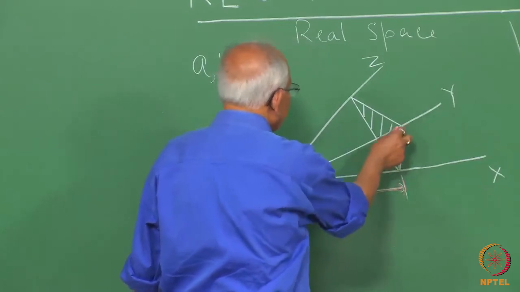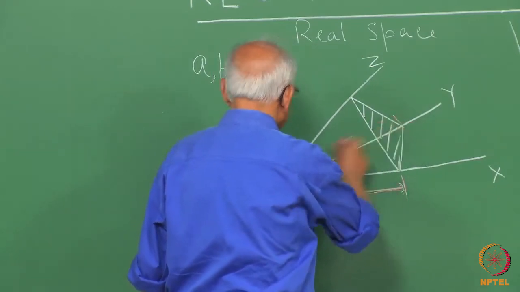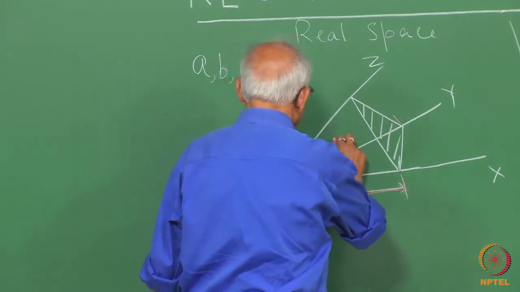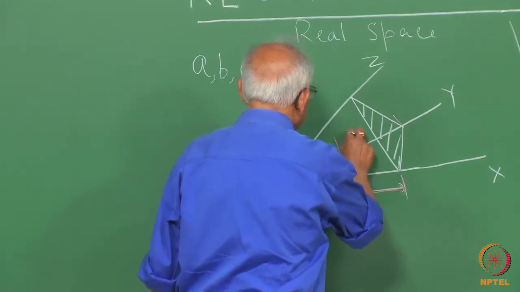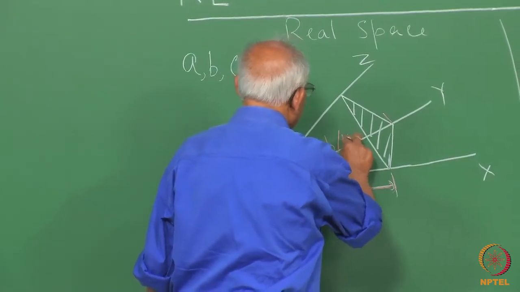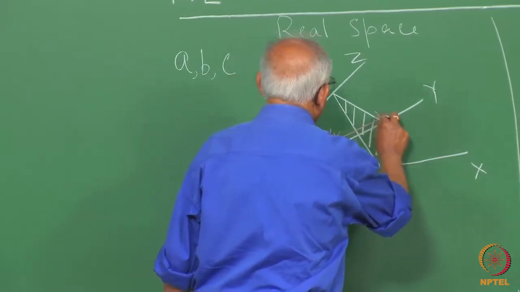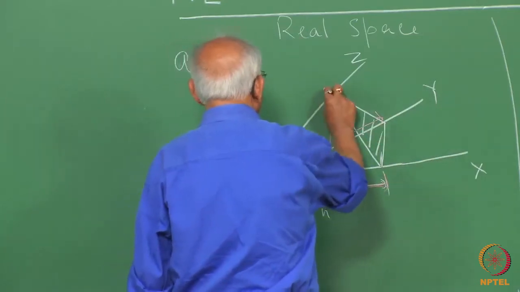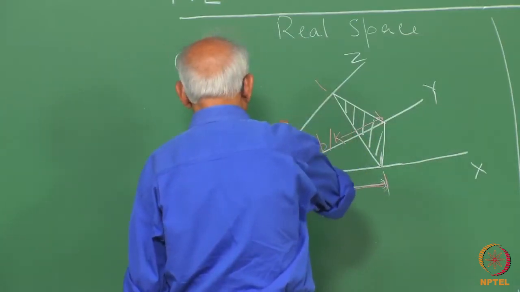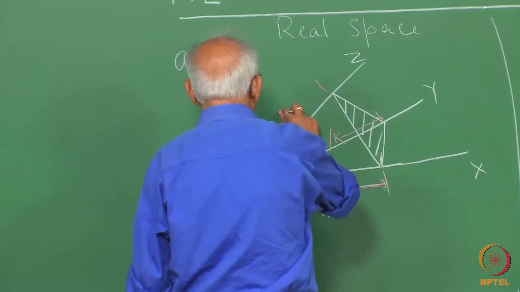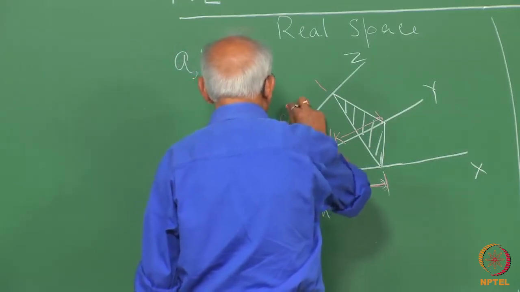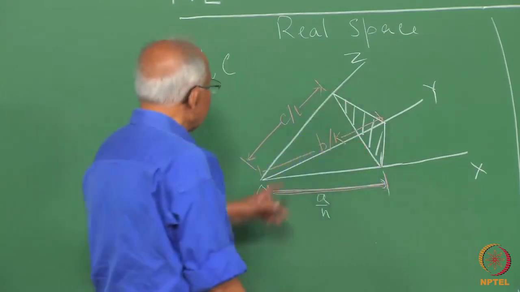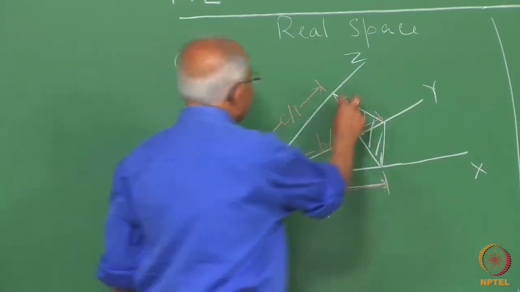Similarly, this distance from here will be equal to b by k, and this distance over here will be equal to c by l. Then only this will be an HKL plane.